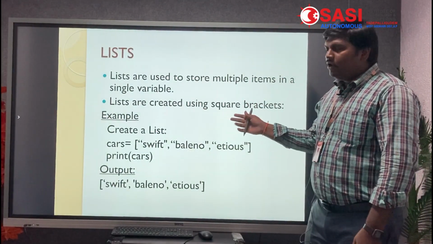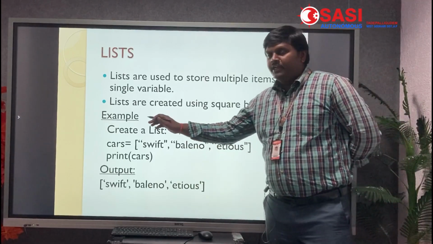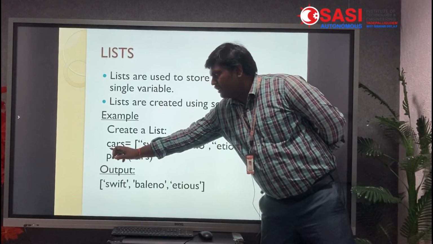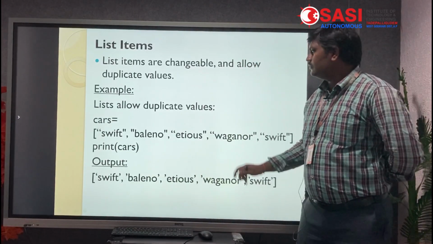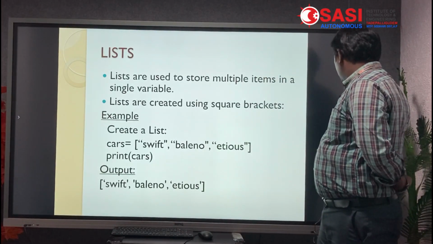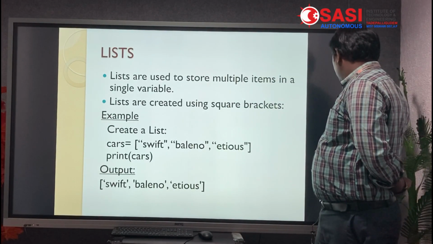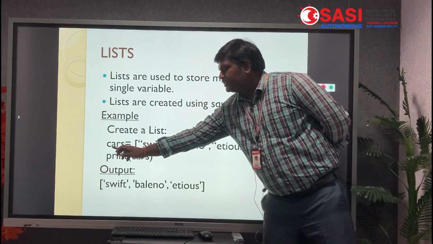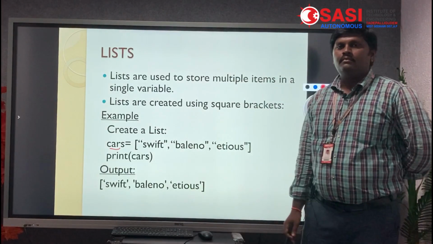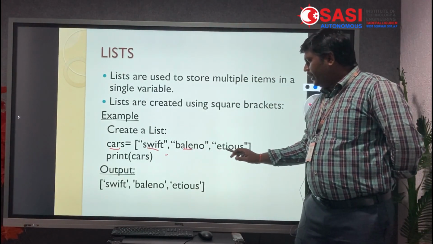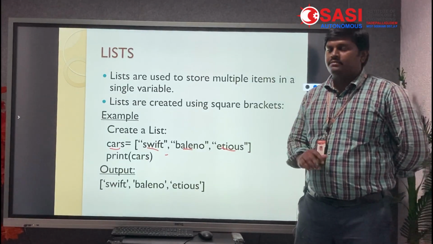The example of a list is for creating a list. Here cars is the list name, and Swift, Baleno, Etios are the list items.